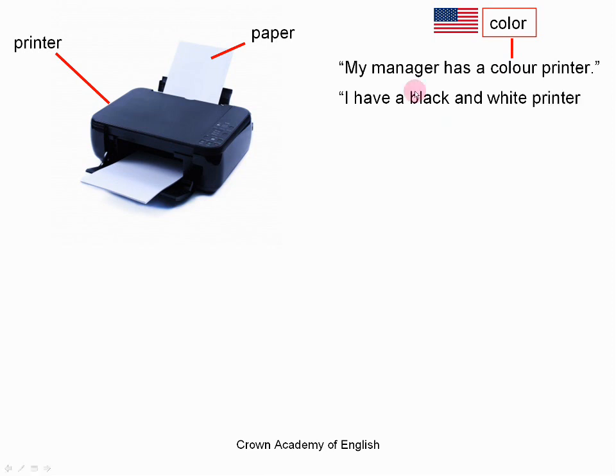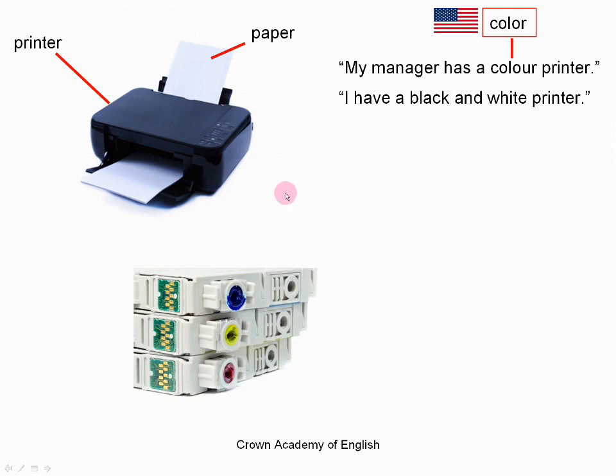And if my printer is not a color printer, I can say I have a black and white printer, because it can only print in black or white. Inside the printer, there are ink cartridges.